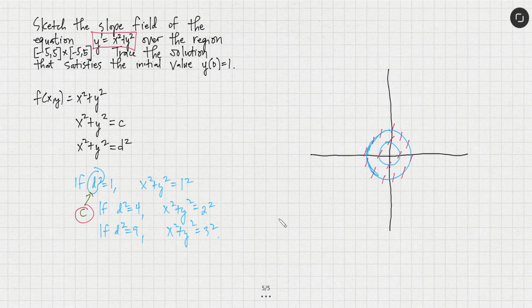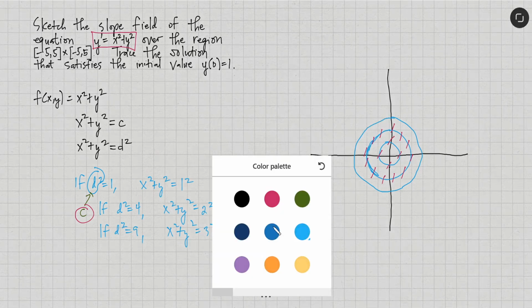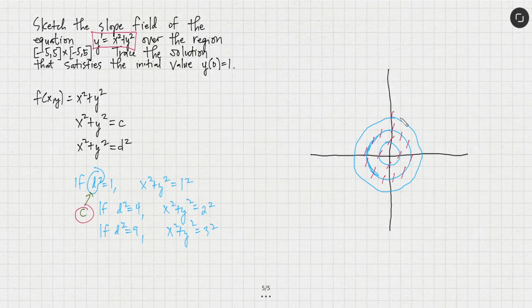So the isocline will be a circle of radius 3. And the tangent lines will have slope 9. So steeper than the last circle. Ayan.